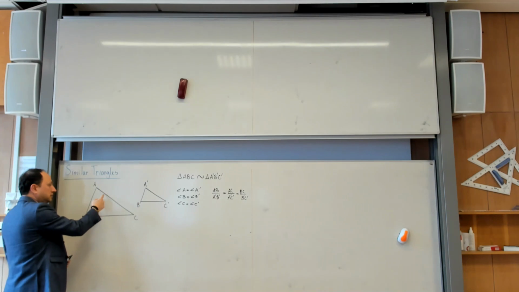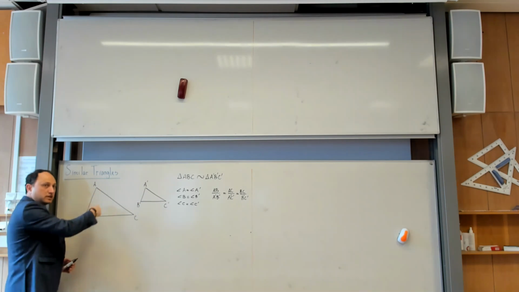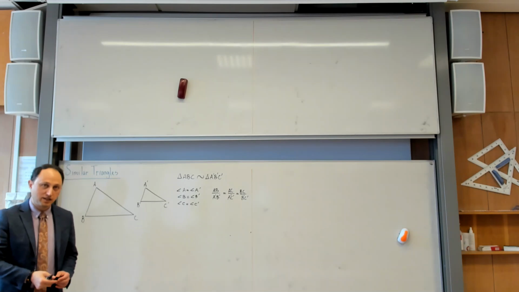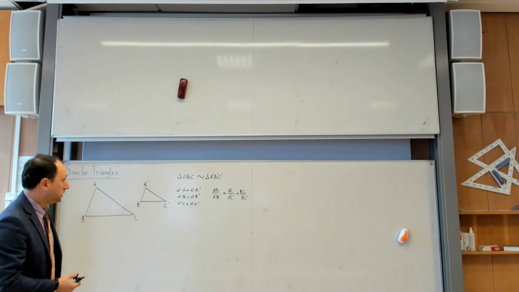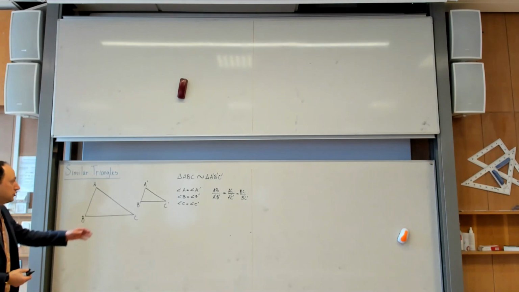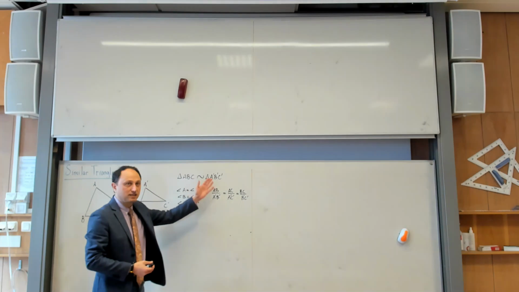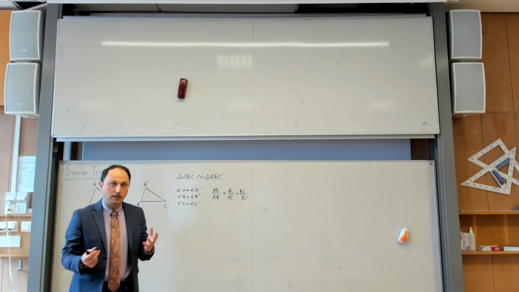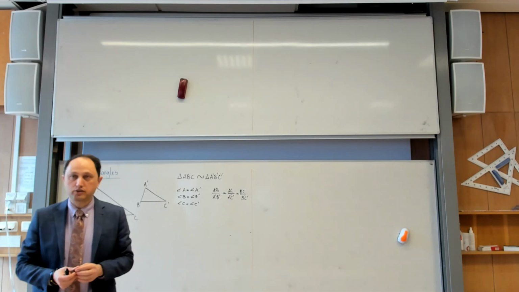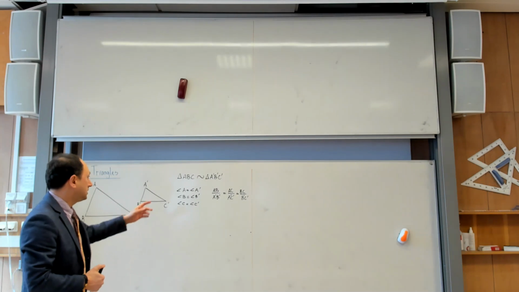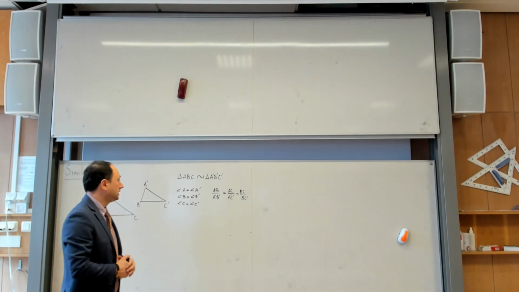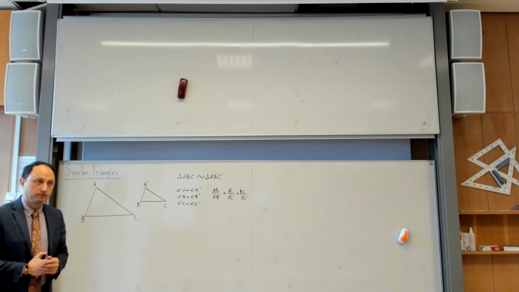It doesn't matter with which one of these sides you are doing this, you would get the same thing. So that is the meaning of similar triangles. If you have these conditions all satisfied, then you say that I have two similar triangles. And that is the symbol that you use to show that these two triangles are similar. Yes? Is that clear?